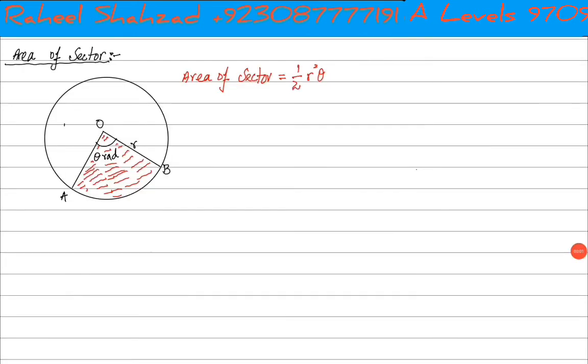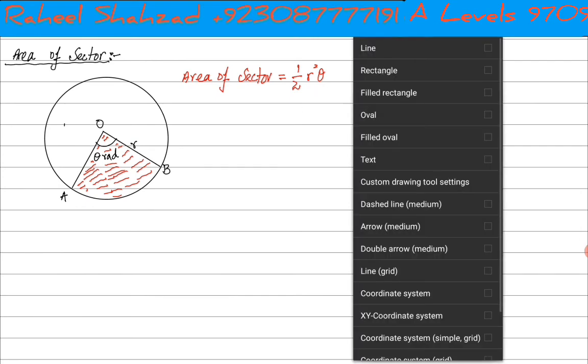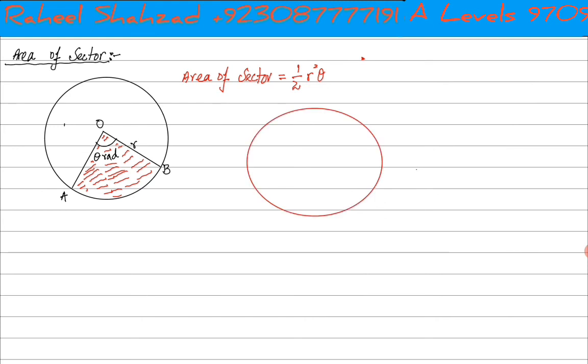Okay, now let's discuss what is area of a sector. The area of a sector is basically 1 by 2 r square theta. You need to remember one thing, that all calculations must be in radians in this chapter. For instance, suppose we have a circle with radius 6, and let this angle be 30 degrees.